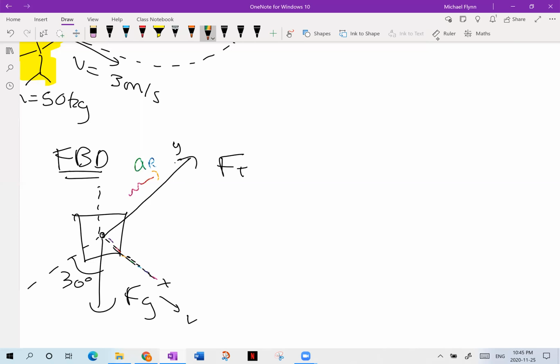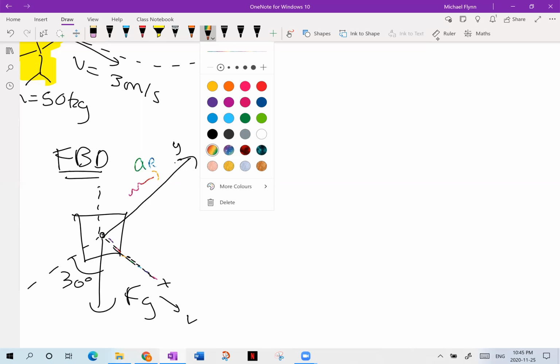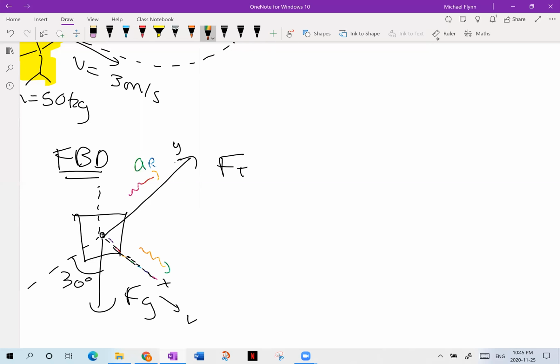But nevertheless, I actually have two accelerations on this object. So let me use the rainbow again. This guy is also going to accelerate that way, and that's the tangential acceleration. So we call the y-axis the radial axis because it's towards the center of the circle, and the x-axis is a tangential axis this time.